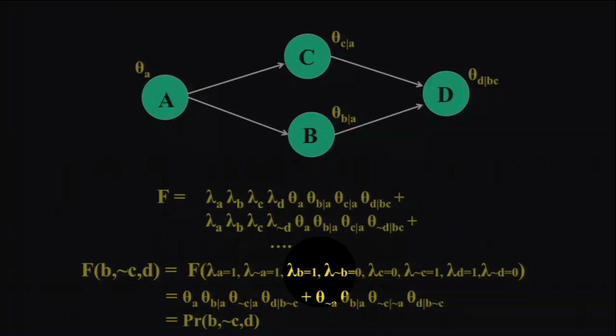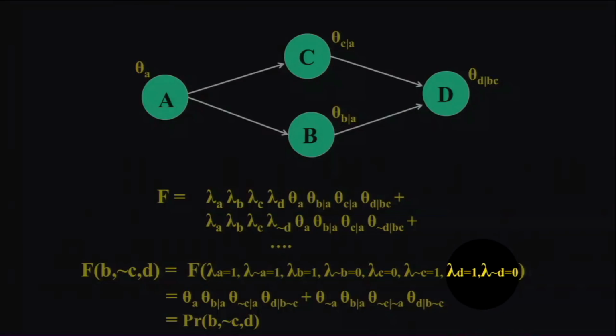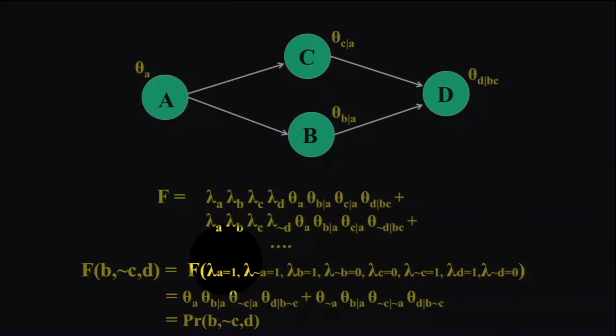And then for B, you can see what's happening here. B is 1, not B is 0. And the same here for C, and this is for D. Right? So if an indicator is compatible with the evidence, it's a 1, otherwise it's 0. So if you evaluate this with these particular lambda settings, you get this, which happens to be the probability of that particular piece of evidence.